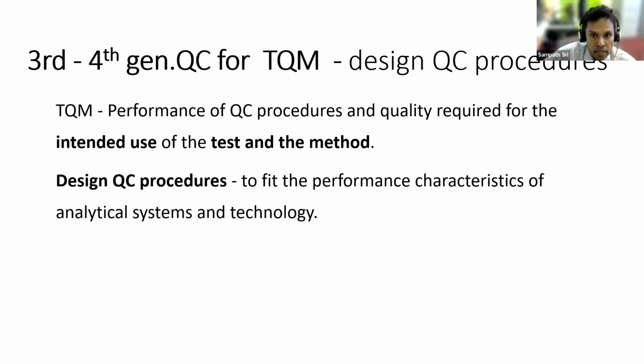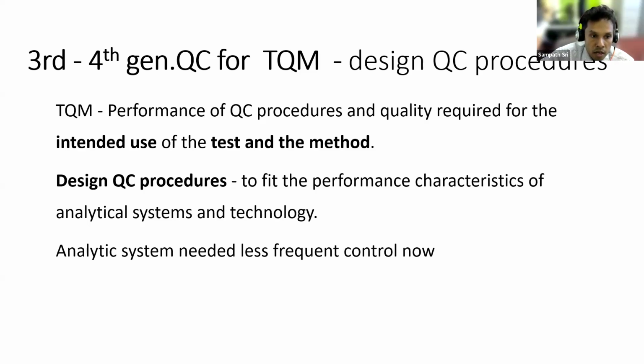So when we are designing a QC procedure, we have to think about whether the test is fit for its performance. So its performance characteristics, the analytical system performance and also the technology are important.